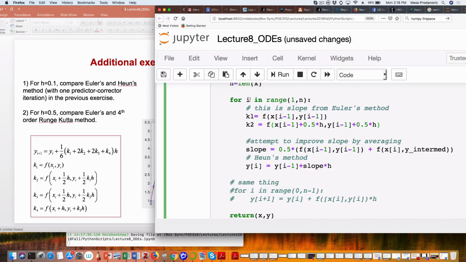Note that I'm estimating i in terms of i minus 1. If it's easier for you to work with i plus 1 and y of i, you can use the for loop below.